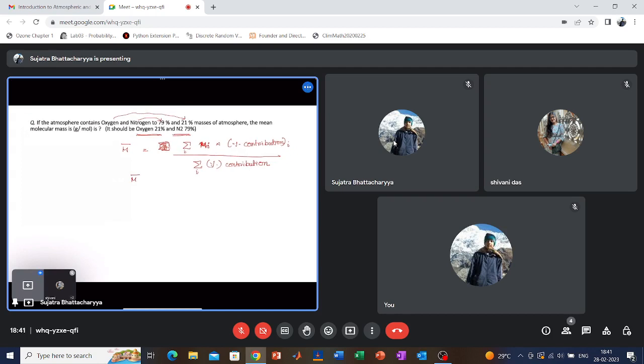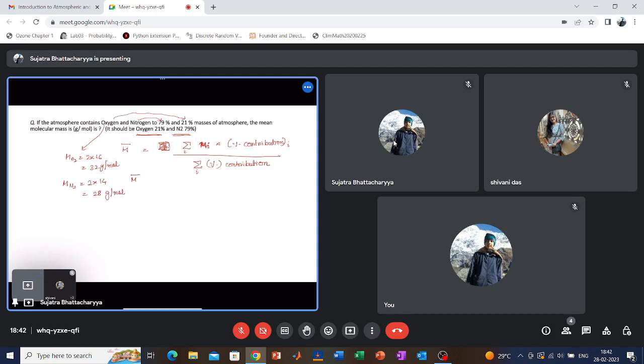But before that, oxygen's molar mass is how much? M O2, that is 2 into 16, that is 32 grams per mole. Again, mass of nitrogen is 2 into 14, that is 28 grams per mole.